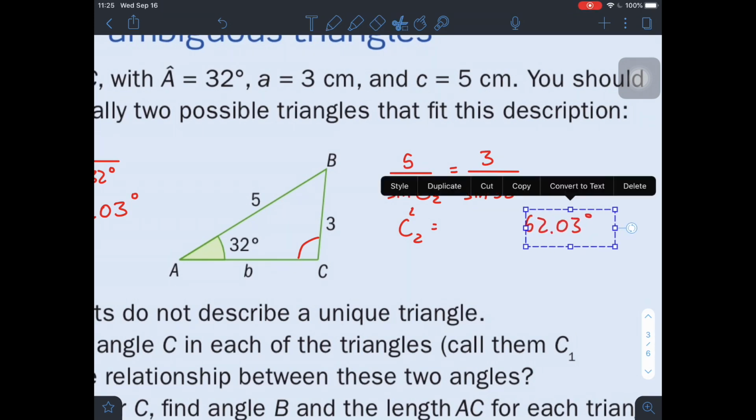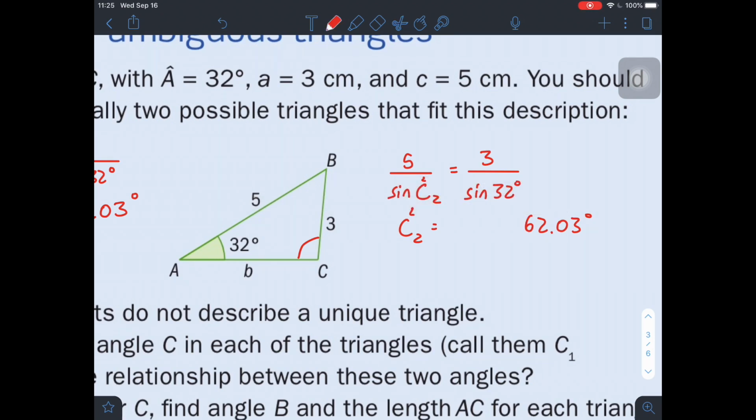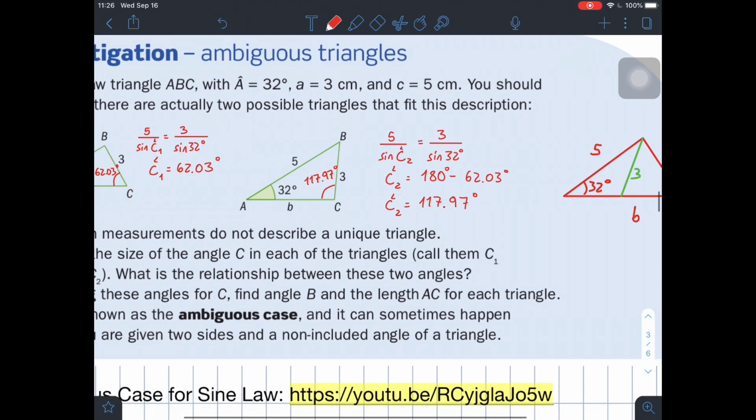We're going to find the supplementary angle of 62.03, which is found by doing 180 minus that angle. And then we're going to get the real value of this angle, which is 117.97 degrees. Okay, so let's keep on working with the investigation.